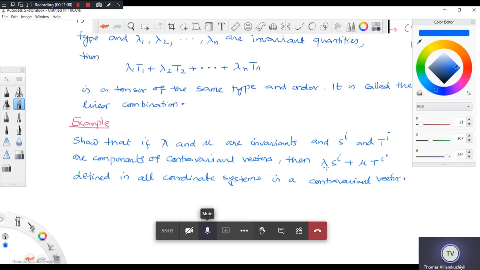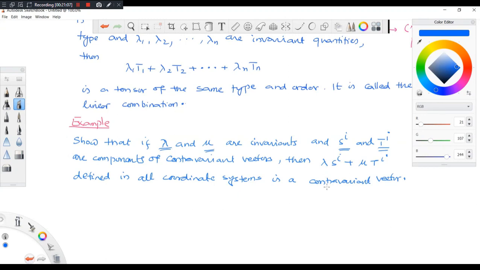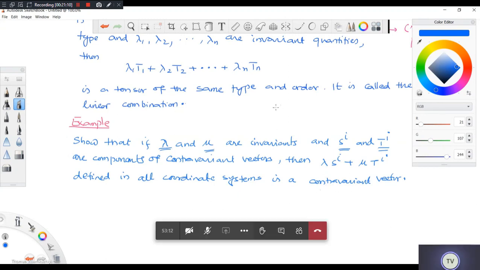Okay, if these two are contravariant vectors and these are invariant quantities, then their linear combination also will be a contravariant.